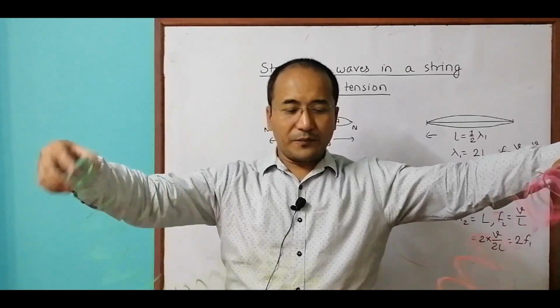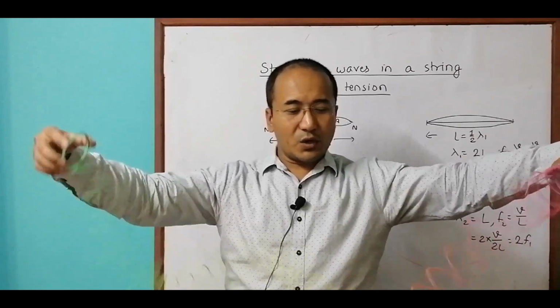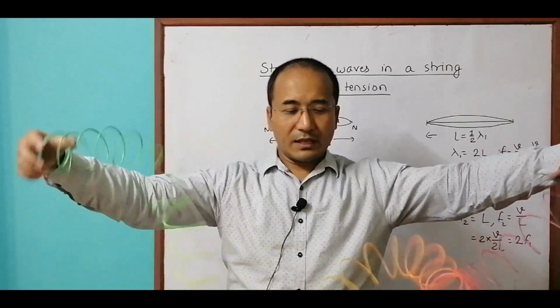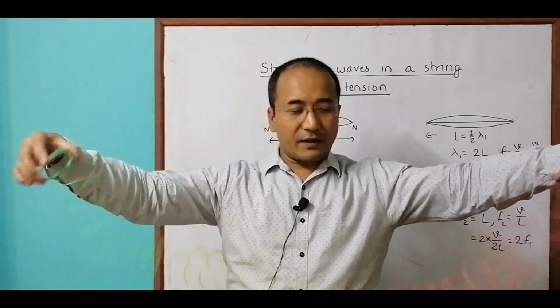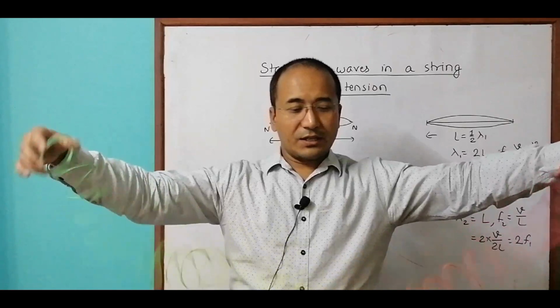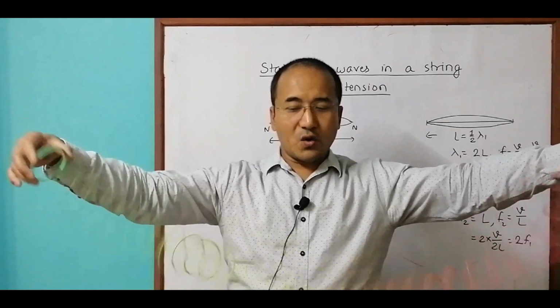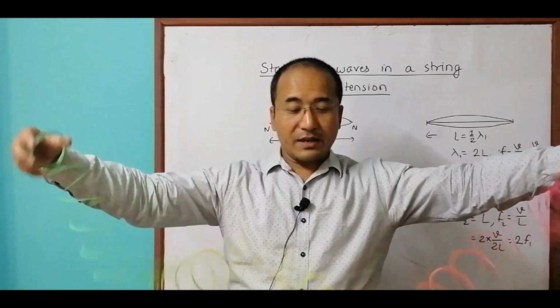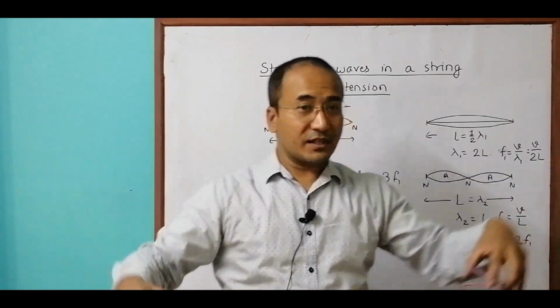You can see here, I can see node. So see here, I have done it. It is 5 nodes, I suppose, and 3 antinodes.